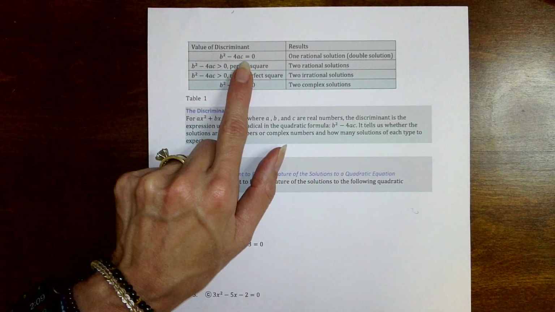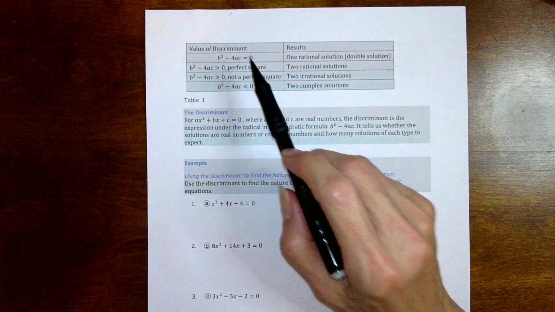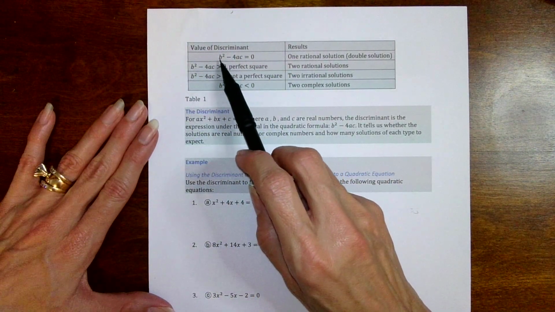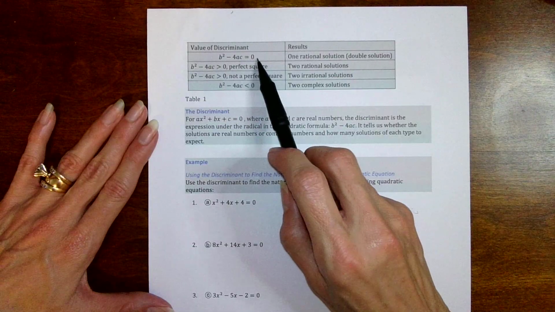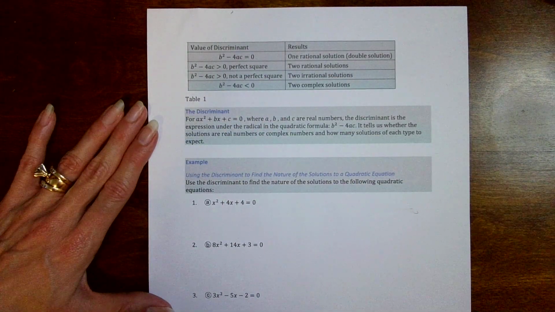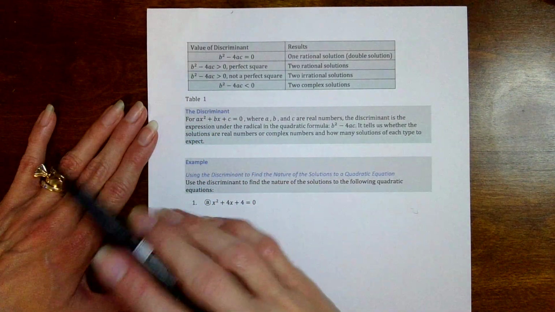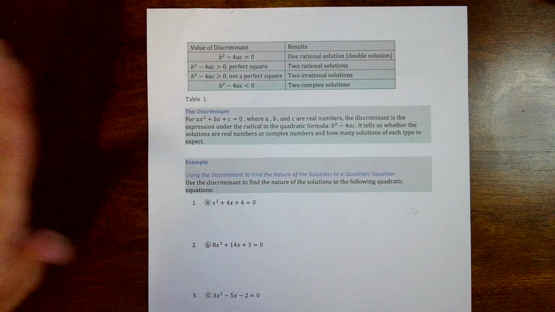And so this tells me that if b squared minus 4ac equals 0, you're just going to have one rational solution. If b squared minus 4ac is a positive number, you're going to have two solutions.